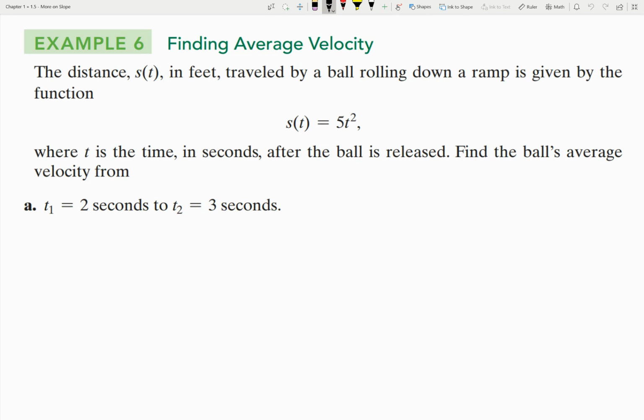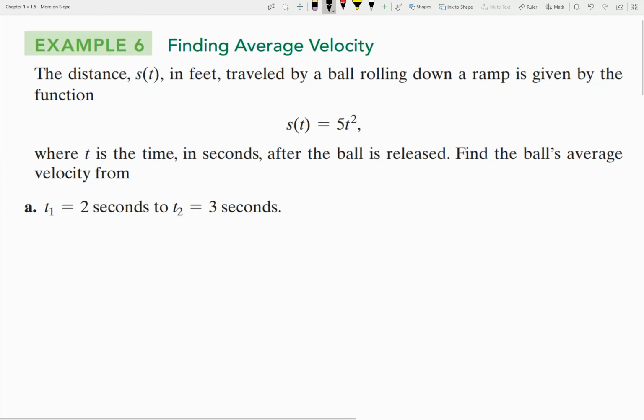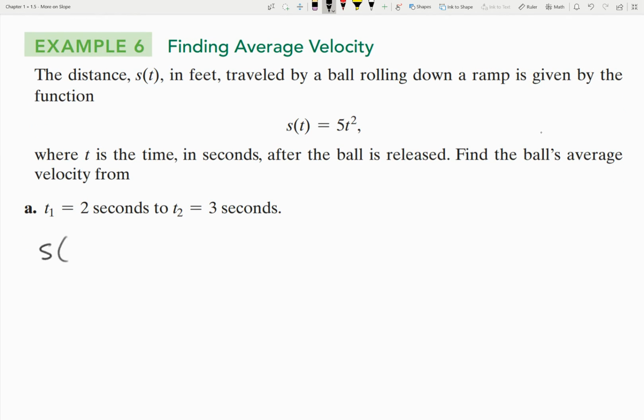Okay, so if we have my position function right here, s of t, all we have to do to find the average velocity from 2 seconds to 3 seconds is plug in 2 seconds. So s of t1 would be s of 2, which would equal 2 squared is 4 times 5 is 20 seconds squared.